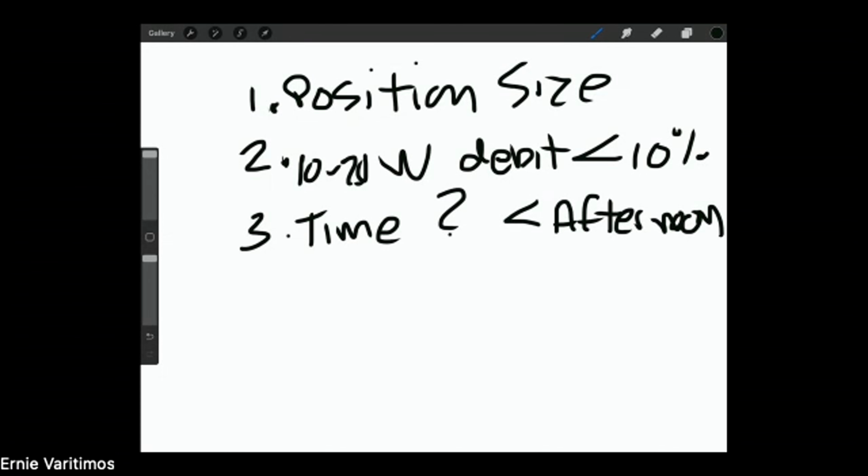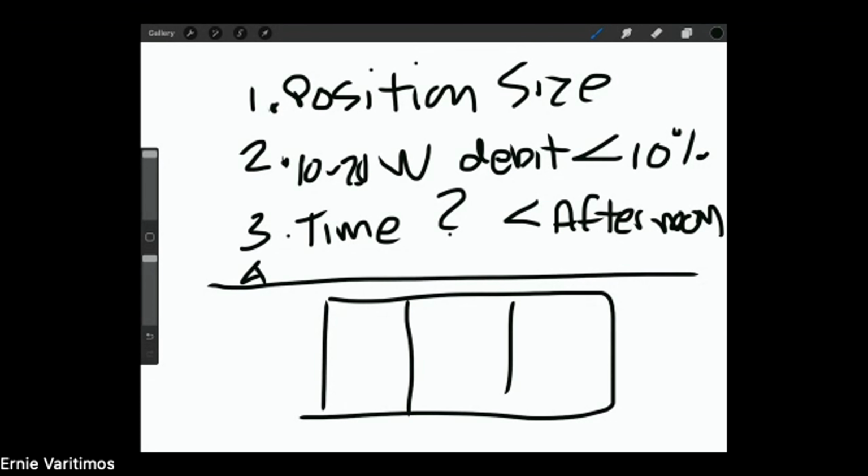Other times it reverses and keeps on going down. Other times it reverses and reverses and then reverses again. All of those things happen, but the vast majority of the time, the bigger move is happening earlier in the day. So for all those reasons, we put the trade on before the afternoon.